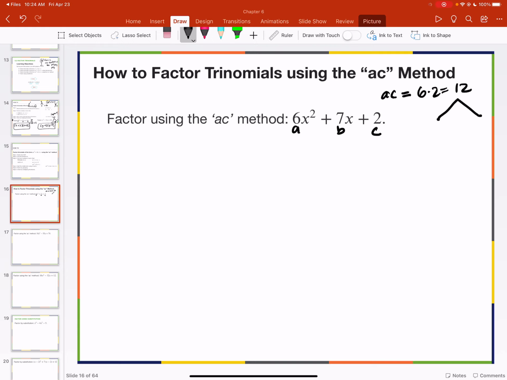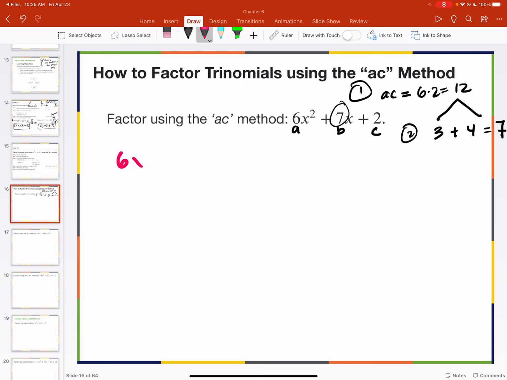So we want to find the factors of 12 that add up to positive 7. So you get 3 and 4. So the first step is figuring out AC. The second is figuring out the numbers. The next step is different. We're going to rewrite the trinomial as a four-term polynomial. And you'll see why. So we get 6x squared.